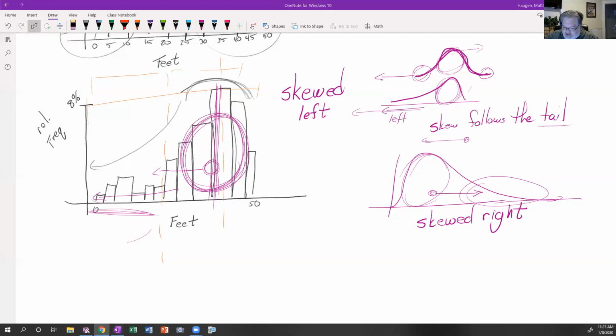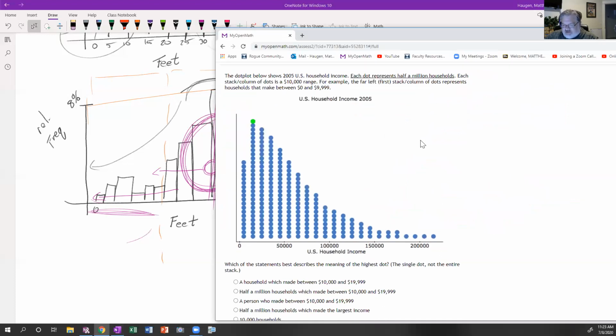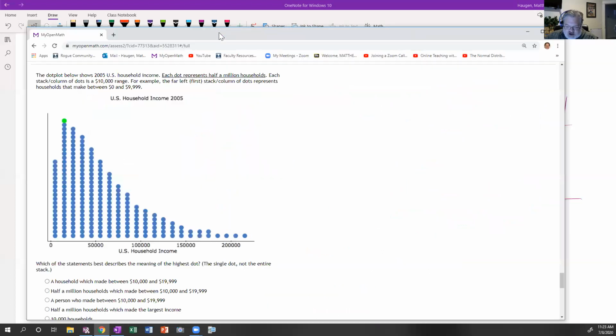We talked a little bit about dot plots yesterday, or didn't really talk about dot plots yesterday. I mostly talked about the fact that I'm not going to talk much about dot plots. Mostly because a dot plot is essentially a histogram or a bar graph made up of all these dots. They've got a really dramatic dot plot here in one of the homework problems.